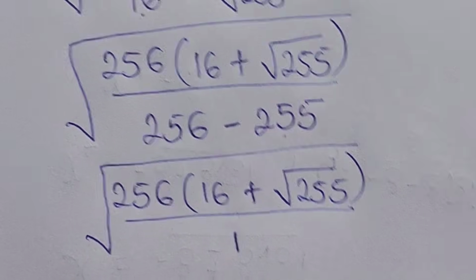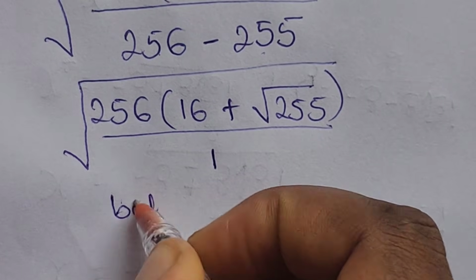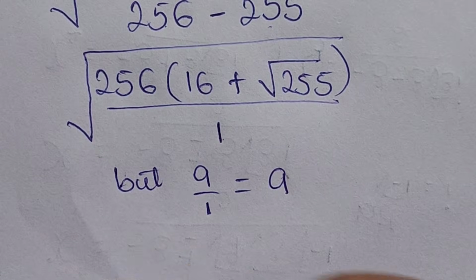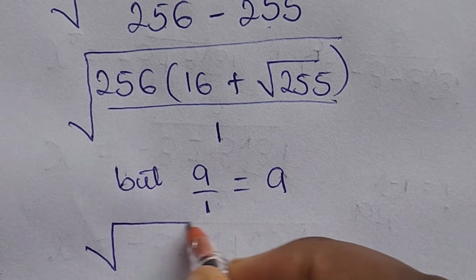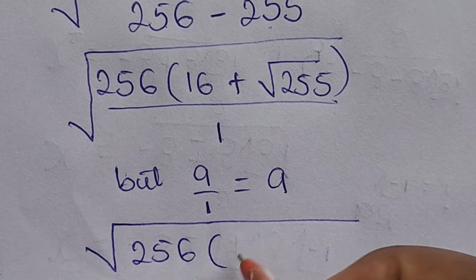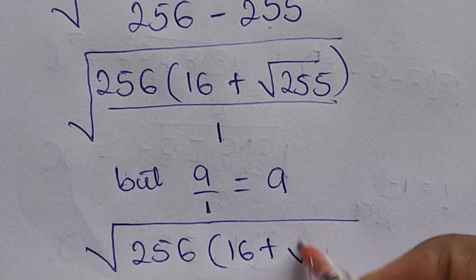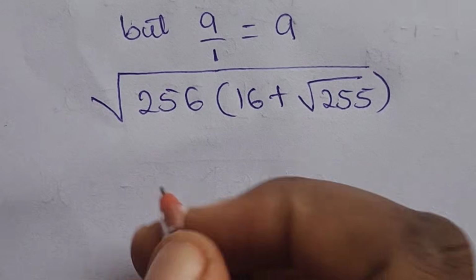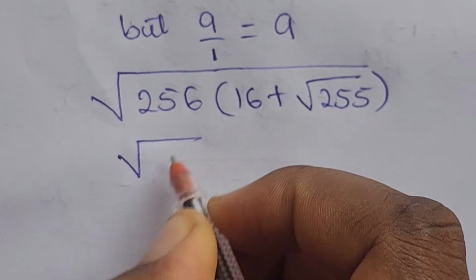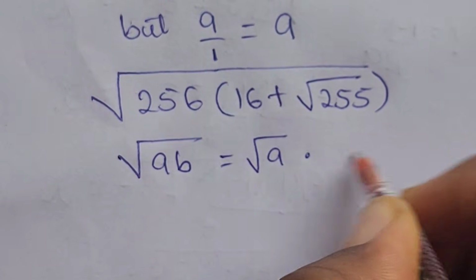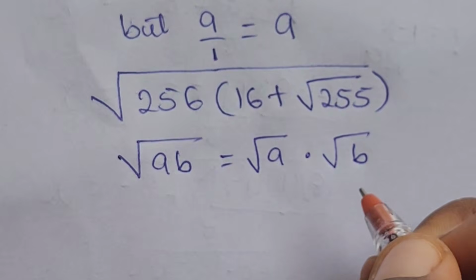Now let's recall, when I have a over 1, this is the same as a. To have root 256 times 16 plus root 255. But when I have the square root of a times b, this is the same as root a times root b.